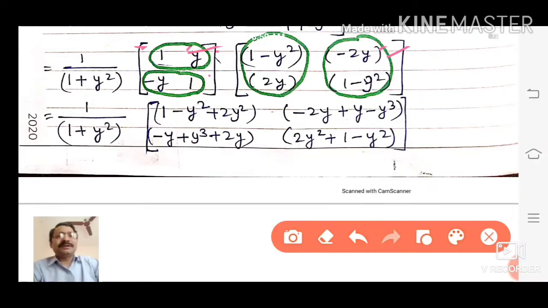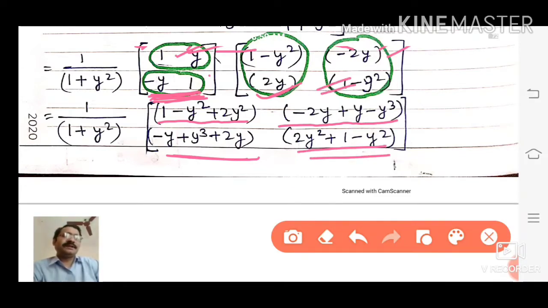The first row you multiply by the first column, so you will get this part. The second column you multiply, you will get this. The second row and first column you multiply, you will get this. The second row and second column you multiply, you will get this. So you get this format.